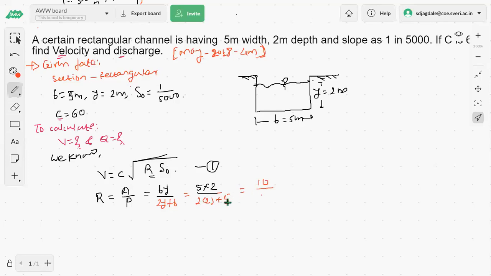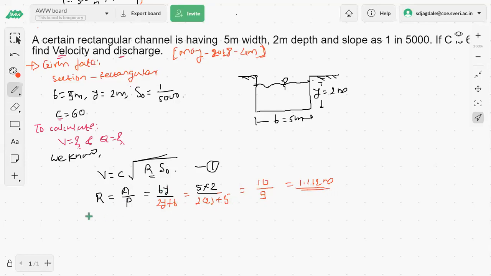What will the value be, 2 into 2 plus 5? 9. So R is equals to 1.112 meters. So hydraulic radius R will be equals to 1.112 meters.